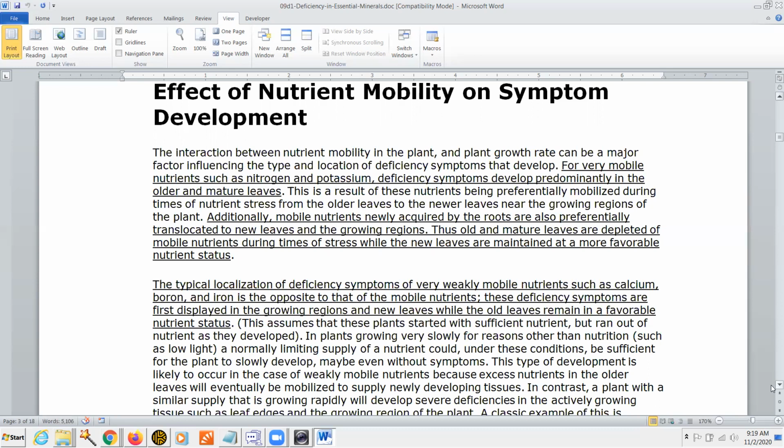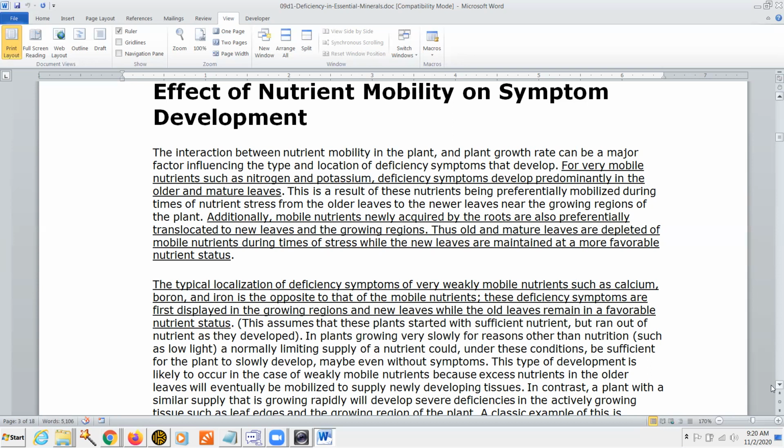And so the initial distribution of nutrients is through the xylem. But when it's going to be remobilized or moved, a nutrient can't go down through the xylem. It doesn't work that way. Xylem is a one-way street.